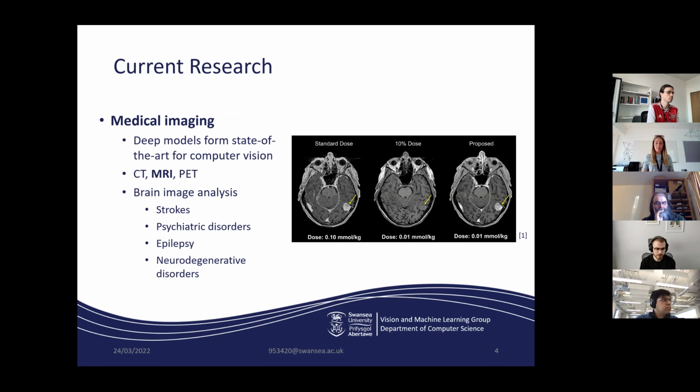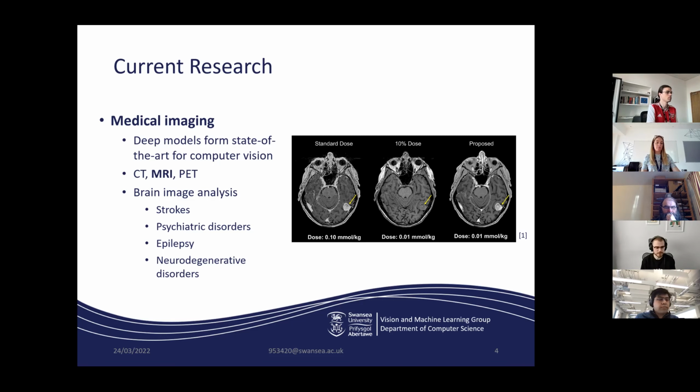This diagram's really nice, and it shows some output of an MRI scan where, given a dose of some contrast agent, a deep learning model is able to take an image which has a dose 10% of the size of a standard dose and increase the contrast for a specific area to make it look like that of the standard dose. For this specific example, that would mean this MRI technique could be used for a much wider range of patients, potentially much safer as well.